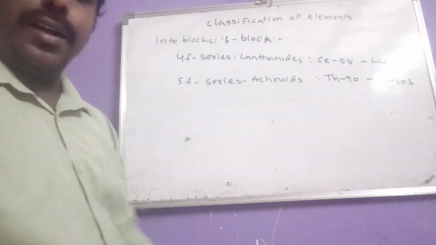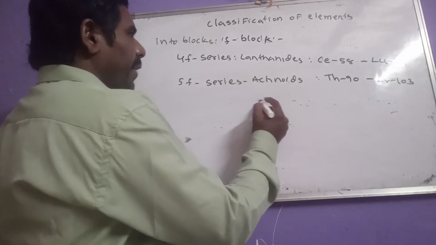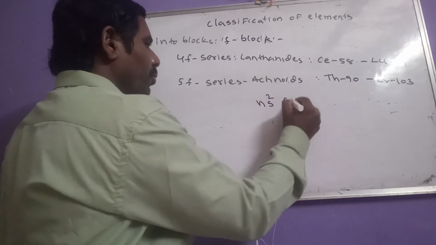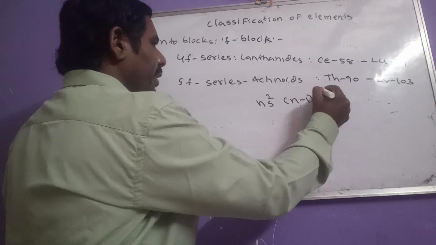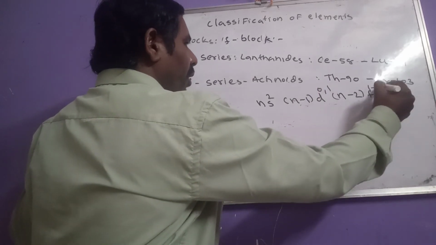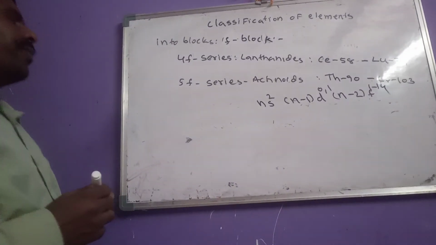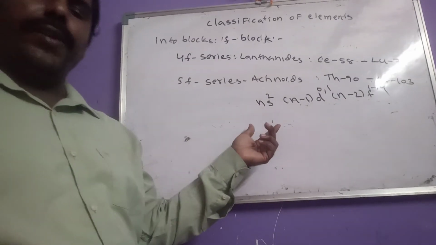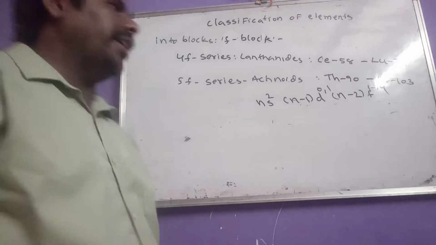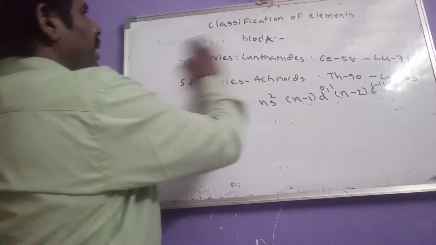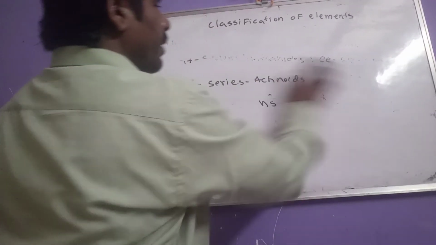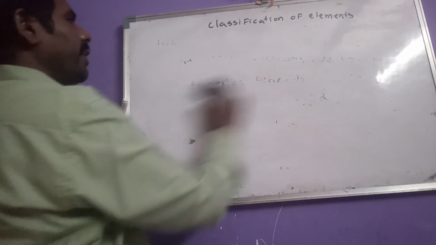And the general electronic configuration of f block elements is ns2 (n-1)d0,1 (n-2)f1 to 14. So this is the classification of elements into blocks based on electronic configuration.